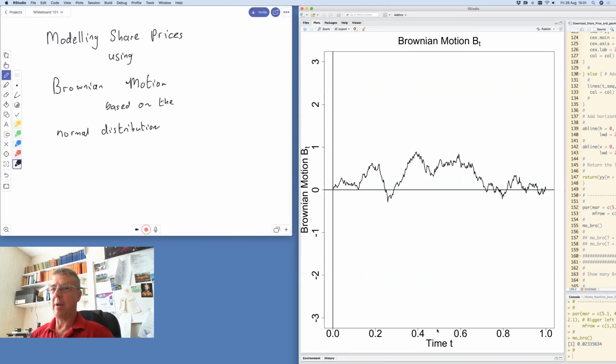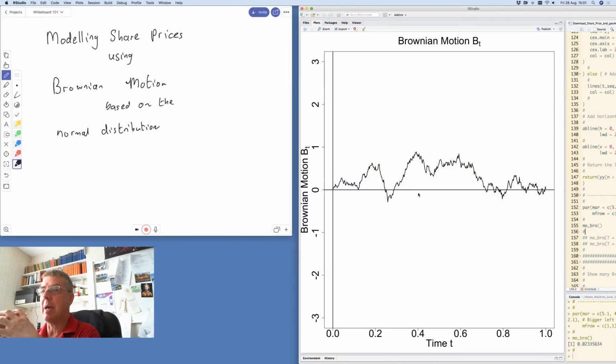Brownian motion is a mathematical model for a random process, sometimes called a stochastic process, and it's basically a wiggle. Now, Brownian motion, as I said before, is based on the normal distribution, and we'll see exactly how it's based on the normal distribution shortly.